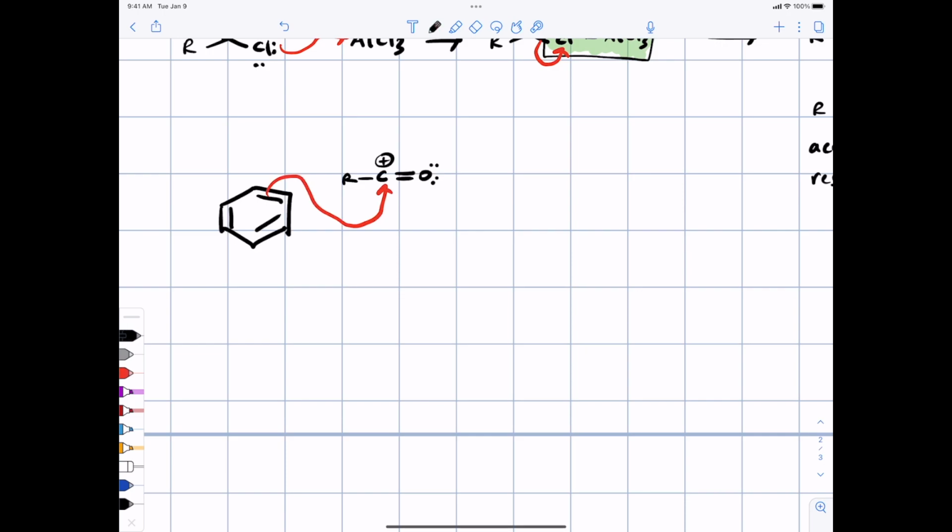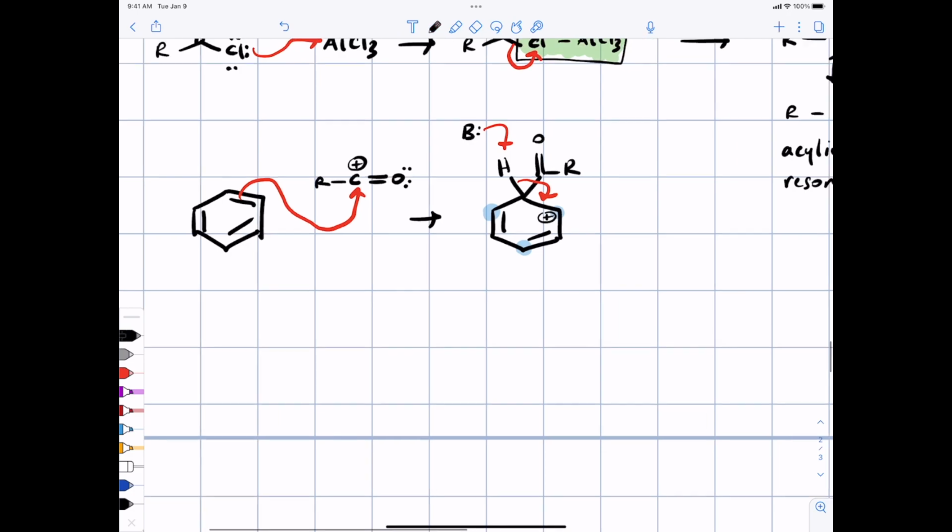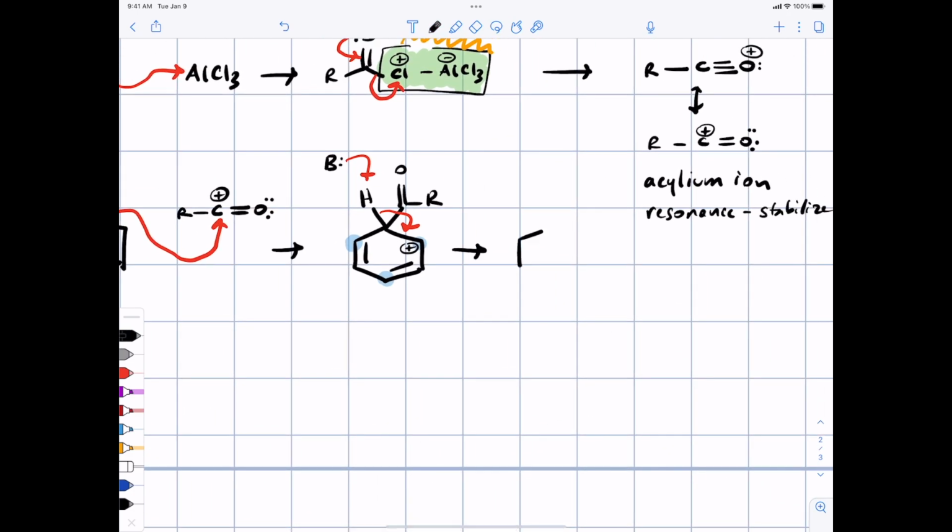Attack the carbon, the positively charged carbon, get an intermediate where we have destroyed aromaticity, but the positive charge is still stabilized by resonance. Then some base, we don't care what it is, could be Cl minus, comes in, removes the proton and restores aromaticity to give you your acyl benzene product, or an acylated product.